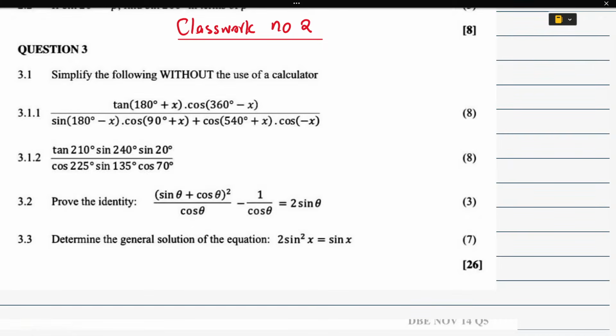How far now? Tell me, learners, how far? You were on 3.1.2. How far are we now?